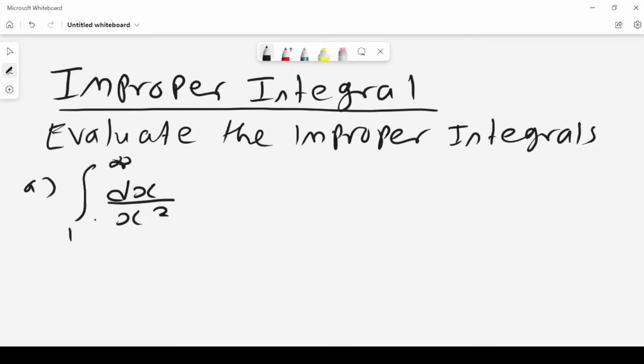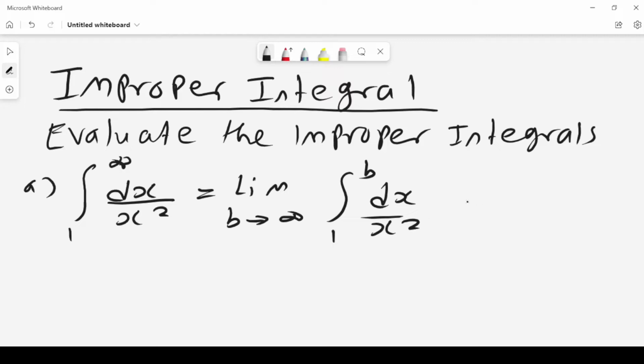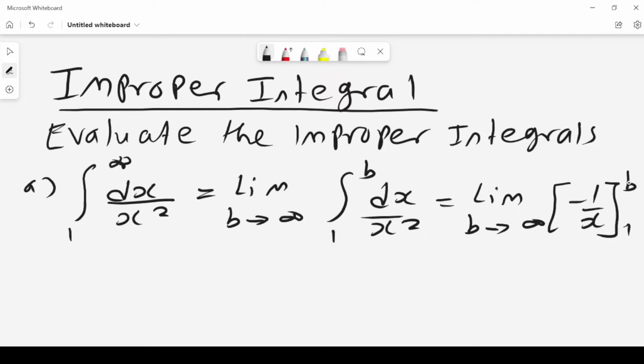We know that at the point of the improper integral, we write this in terms of a limit from 1 to b of dx over x squared, and that will give us the limit as b tends to infinity of minus 1 over x, and then we put our limits from 1 to b because we have the infinity as part of the integral.